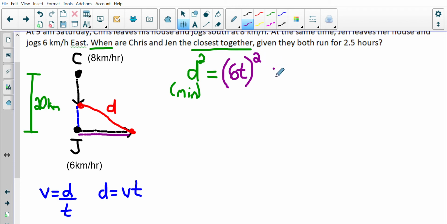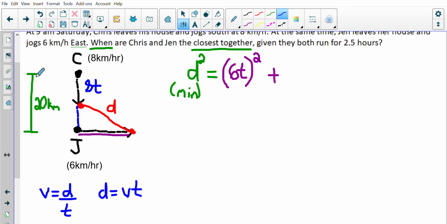Now, the next part is that Chris here is moving at 8 kilometers an hour. So the distance he travels along this black line would be, just like Jen, 8 times t, that's v times t. That's just the black line, but we're looking for the blue line here.